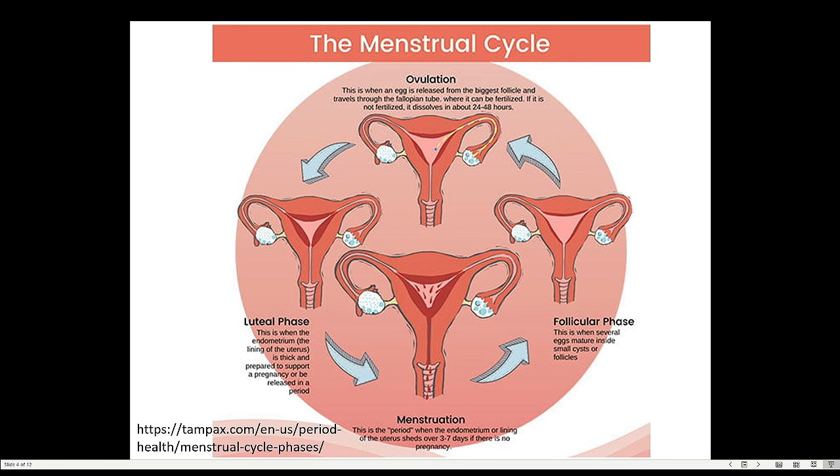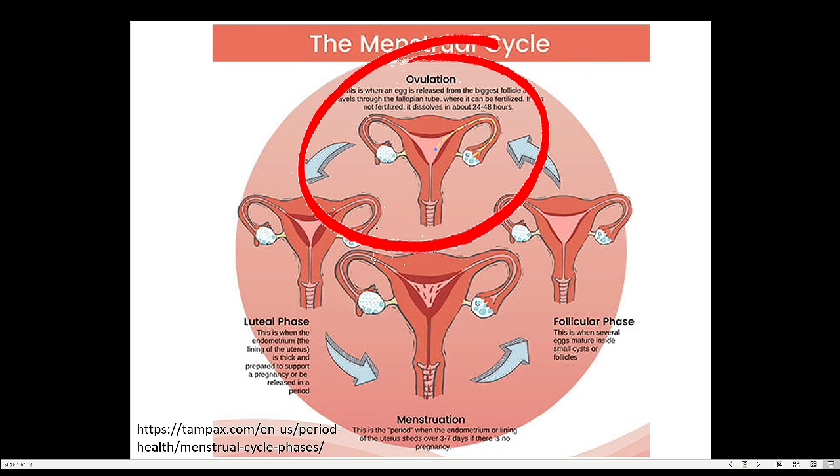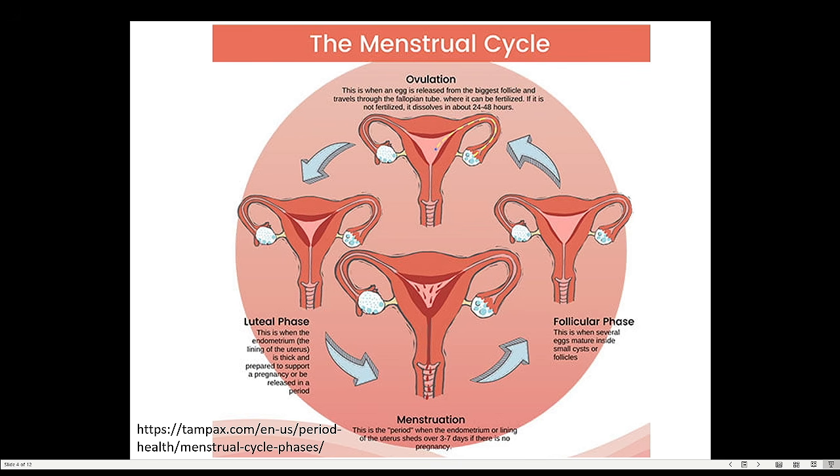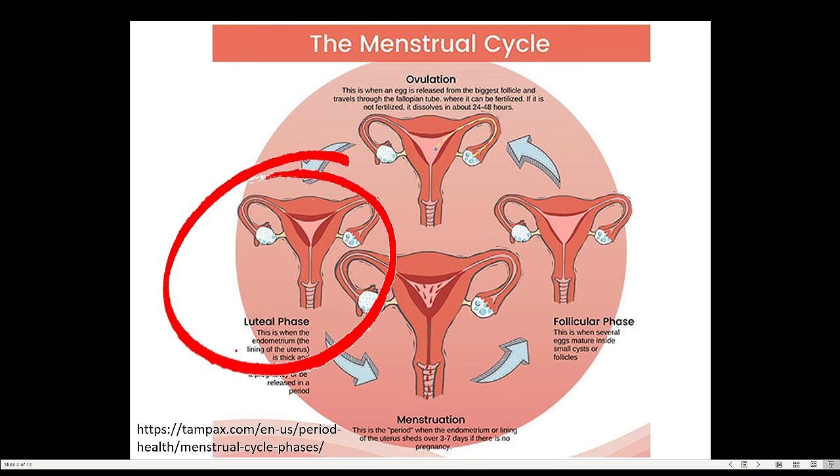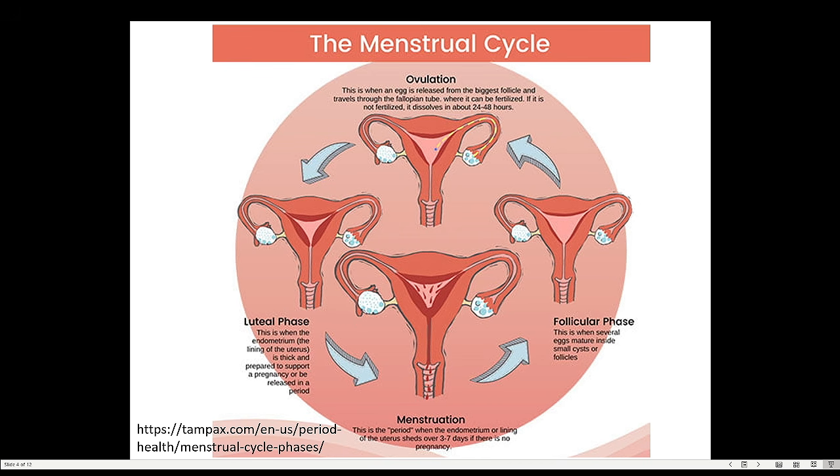And then, after that, we have a 1-day event called ovulation. During this time, the ovum or the egg cell bursts out of the follicle. And finally, we have the luteal phase in which the endometrium becomes thick enough to prepare itself to support pregnancy, in case the egg cell is fertilized.